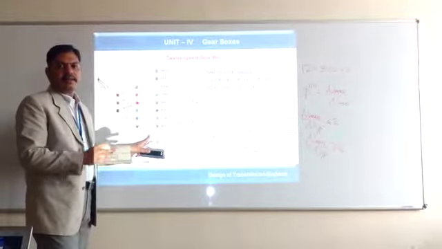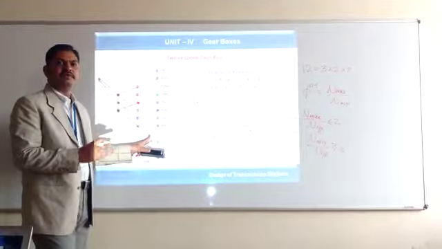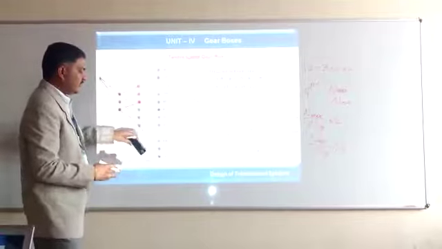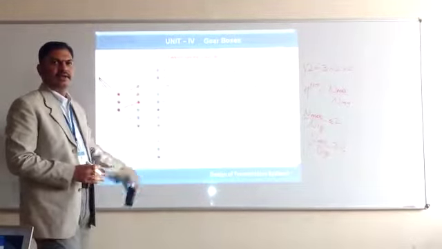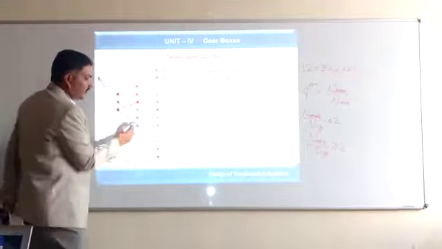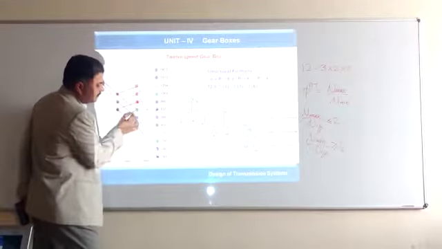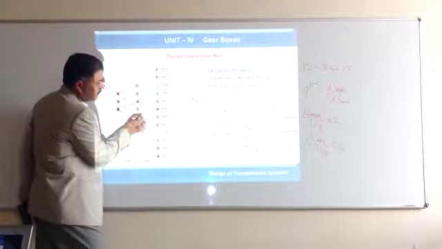So from each input speed, how many speeds do we have? We have normally 2 output speeds from each and every input speed. So just again draw parallel lines from each and every point and get the speeds connected. So I am drawing the rays.